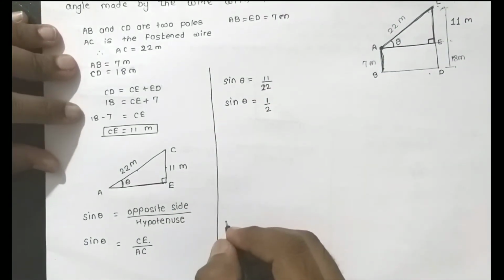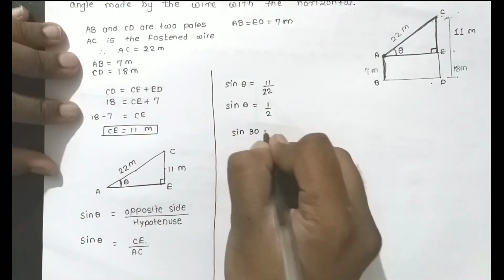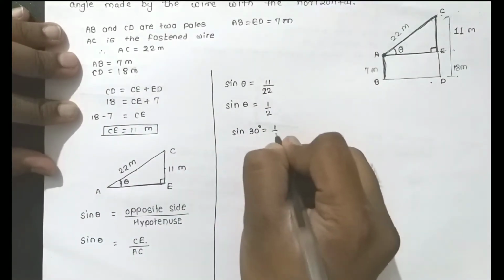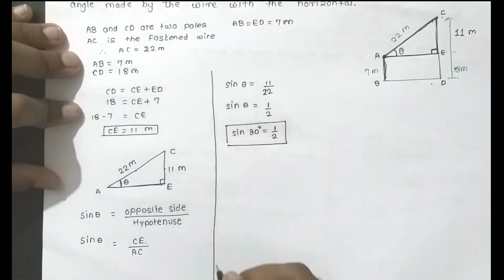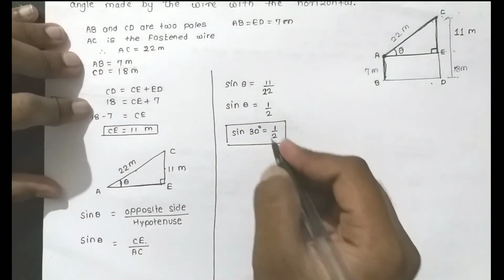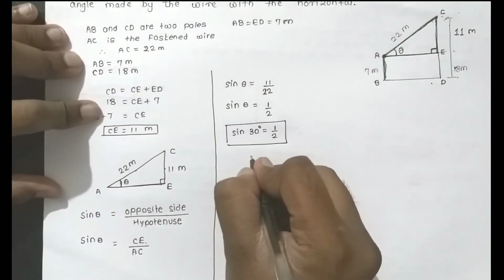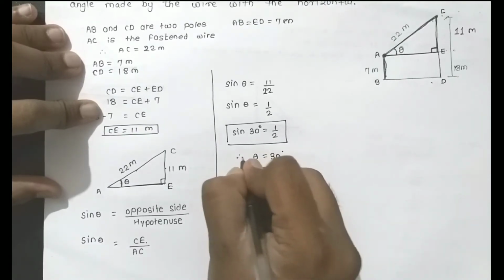From the table I know that sine 30 degree is 1 by 2. Sine 30 degree is 1 by 2. By equating both these, I get theta is equal to 30 degree.